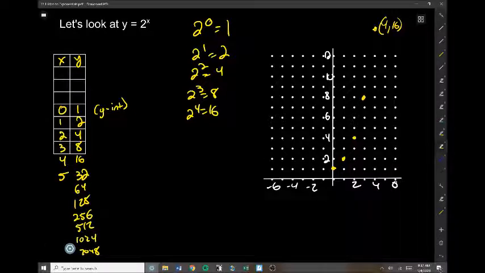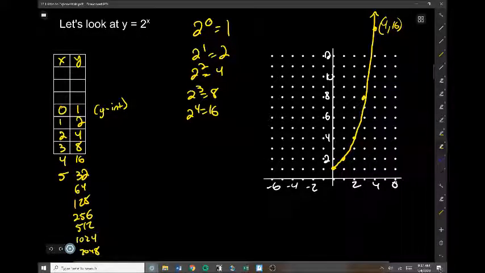This grows incredibly fast. Insanely fast, really. This is called exponential growth. Exponential growth is whenever you have a repeated multiplication by some base. In this case, the base, which we're going to call b, is 2.